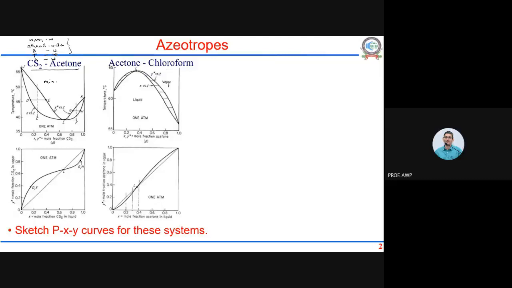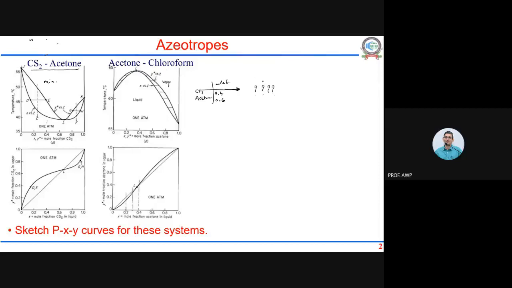Now suppose I want to separate a CS2 and acetone mixture. Let's say we have a feed mixture of CS2 and acetone, mole fractions 0.4 and 0.6. I want to do something to this mixture, maybe 1, 2, 3, 4, 5, 20 distillation columns, whatever we want to do.